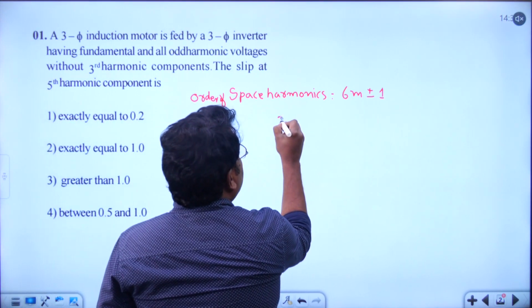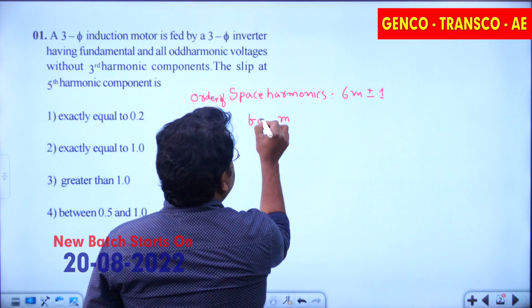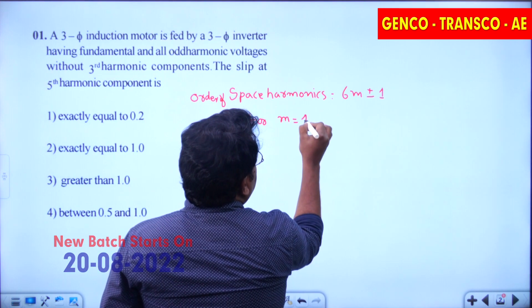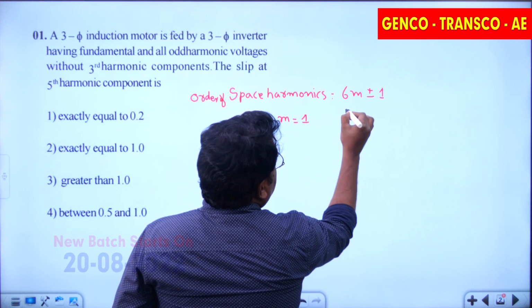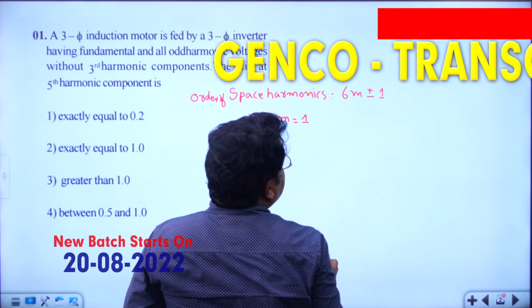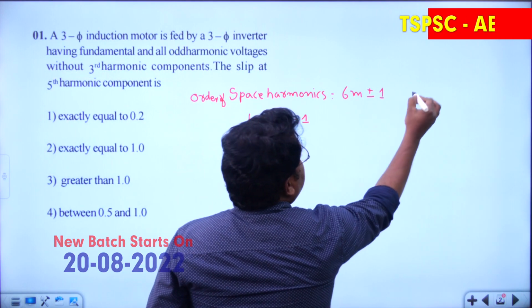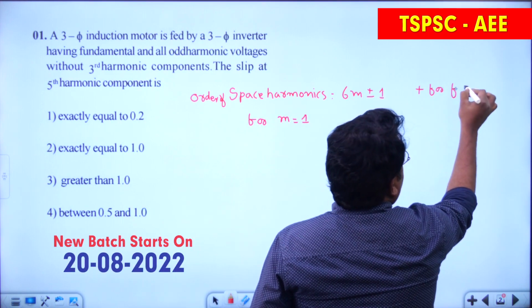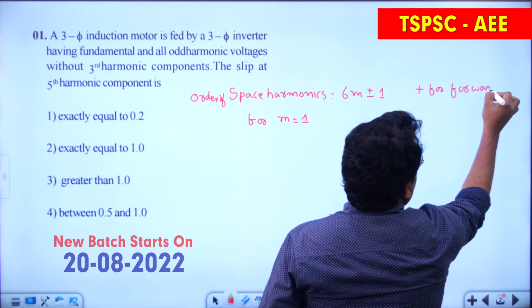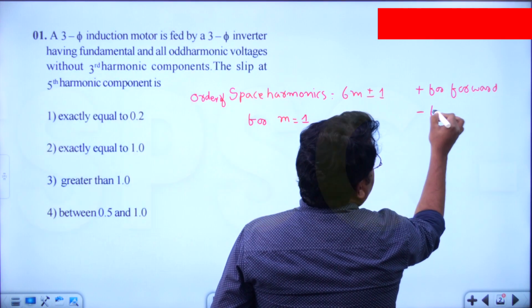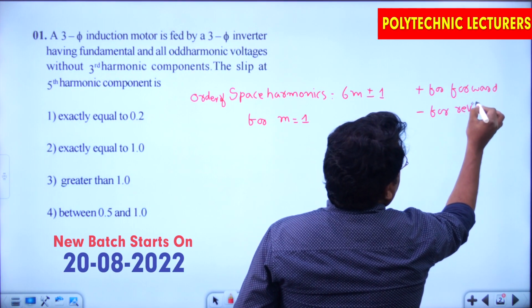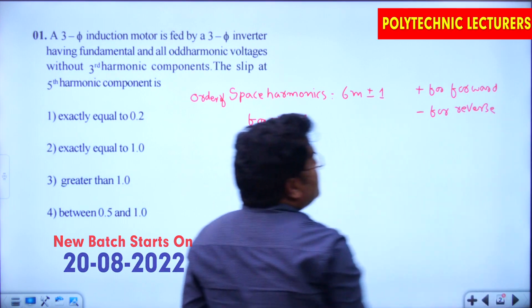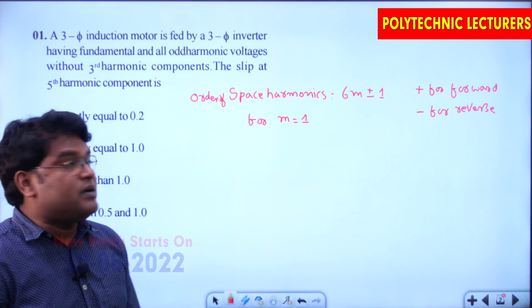The plus or minus sign indicates the forward and the reverse direction: plus is for the forward direction, and minus is for the reverse direction.